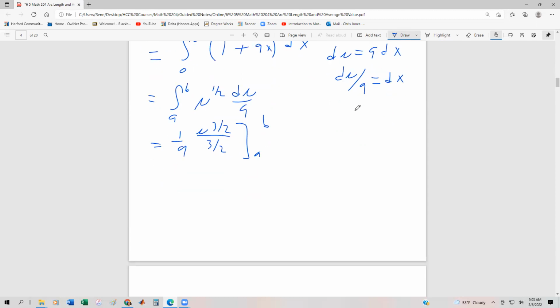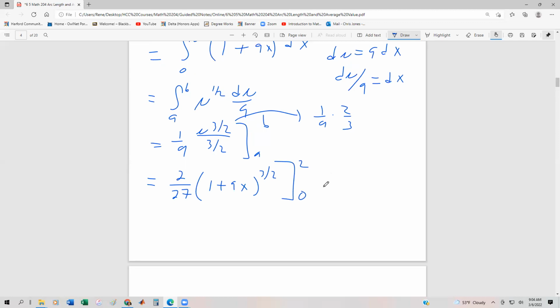Another way to write this would be 2 over 27. What I did was multiply by the reciprocal, so that's 1/9 times 2/3, since we're dividing by 3 halves. Then I'm going to back substitute 1 plus 9x in for our u, and our original limits of integration were from 0 to 2.